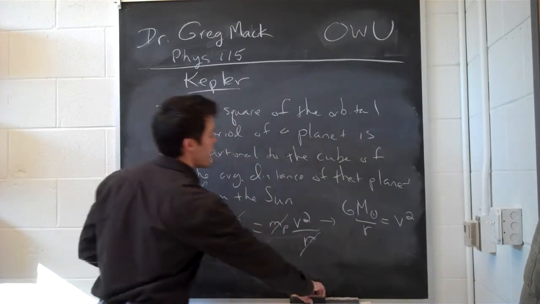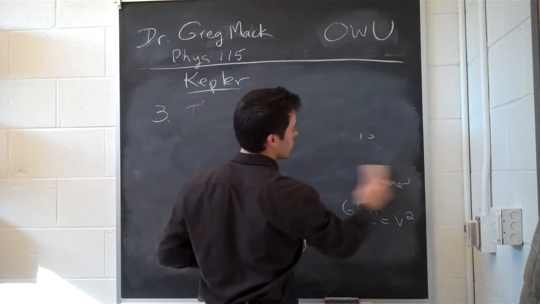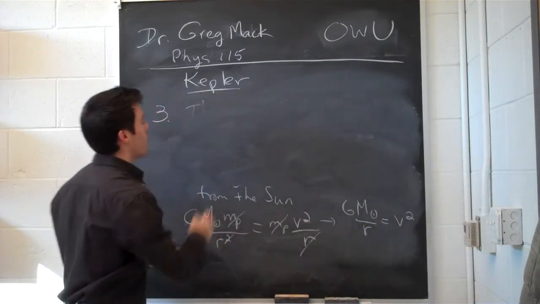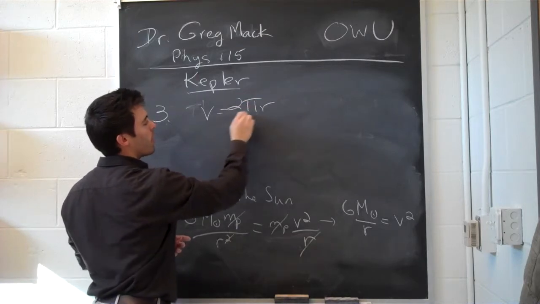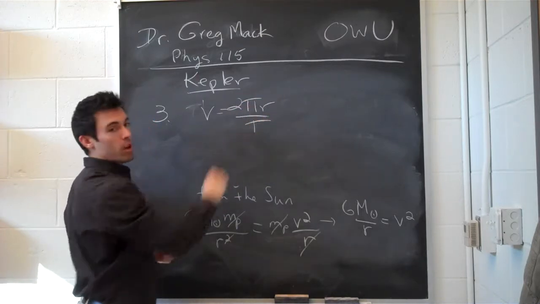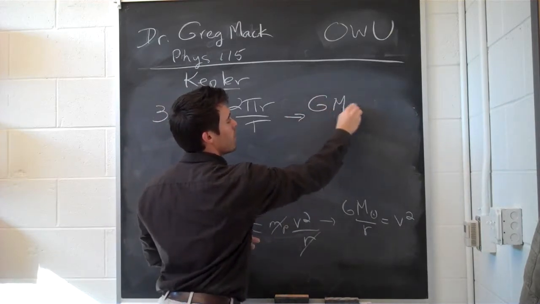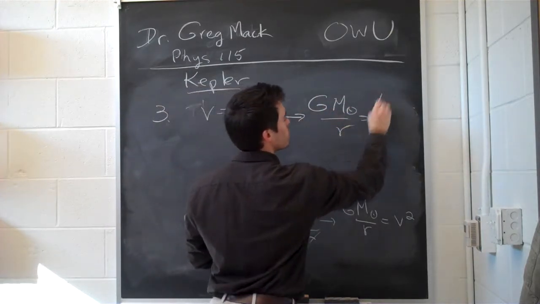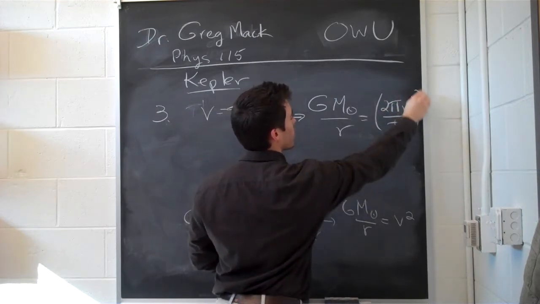So, I can take that and put that in. If I say v is equal to 2 pi r divided by the period, which is capital T, then G M sun over r is equal to 2 pi r over T, quantity squared.